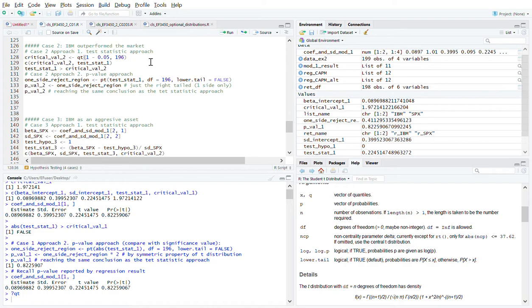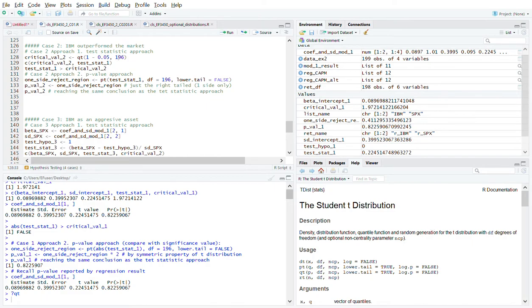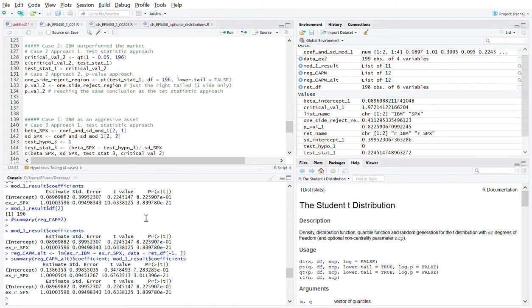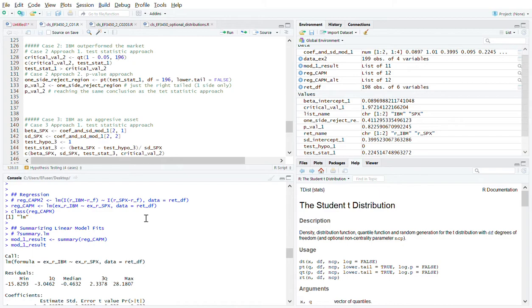For the test statistic approach, the critical value is a bit different because this is a right-tail test. A 95% right-tail test means we calculate the threshold at 95% instead of 97.5%. The degrees of freedom is 196, as reported by the regression result.